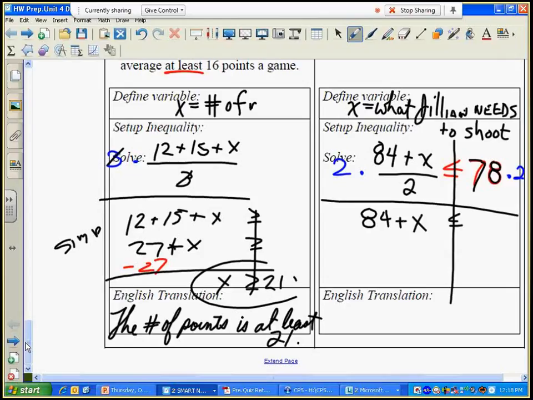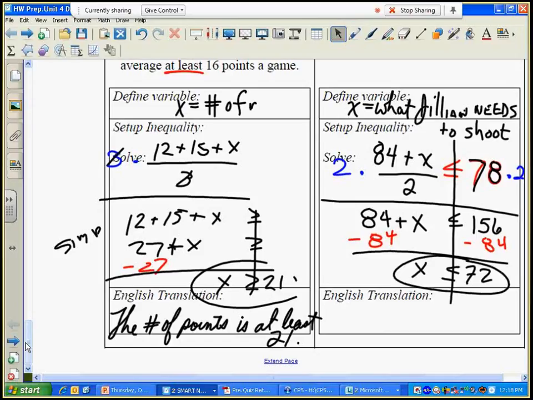Let's see, that is going to be 156. And we'll subtract away the 84. And that is less than or equal to 72. That means she's going to shoot at most a 72, in order to get an average of at most a 78.